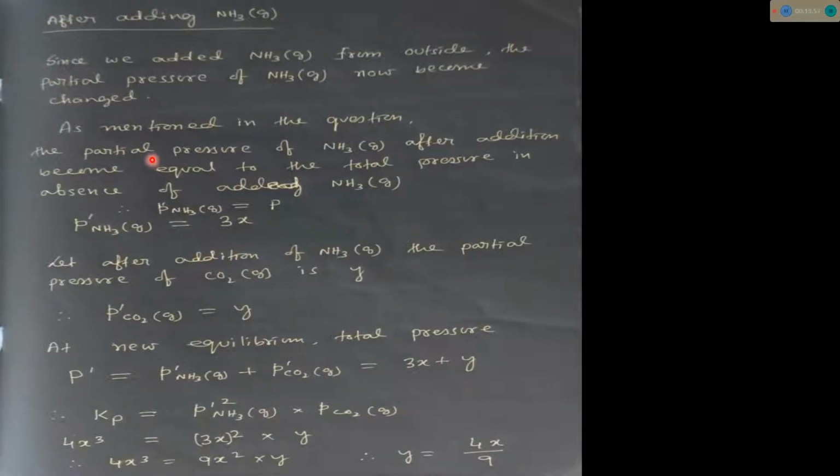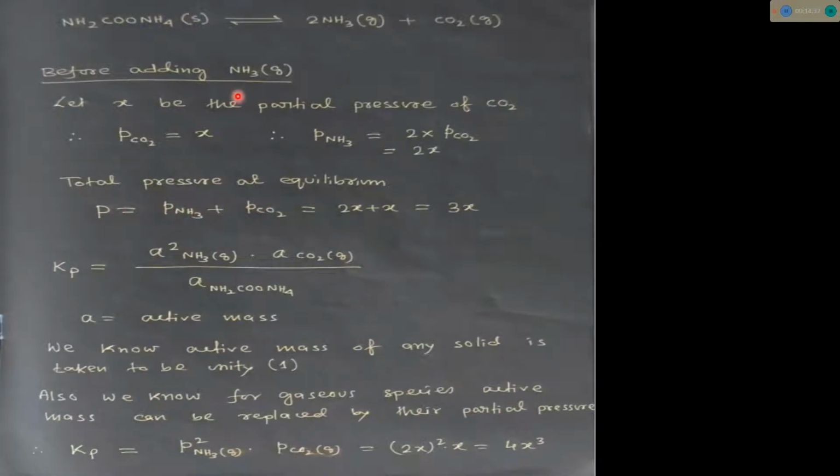If we consider p prime NH3 as the partial pressure of NH3 gas after adding NH3 from outside, then it should be equal to capital P, the total pressure of the gaseous species at equilibrium before adding ammonia gas from outside.